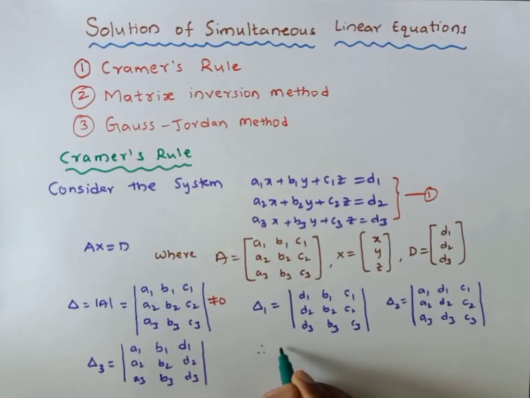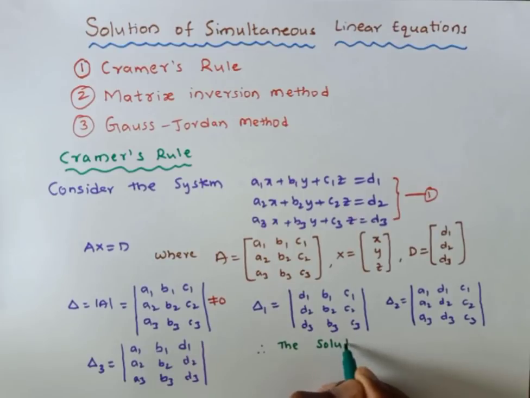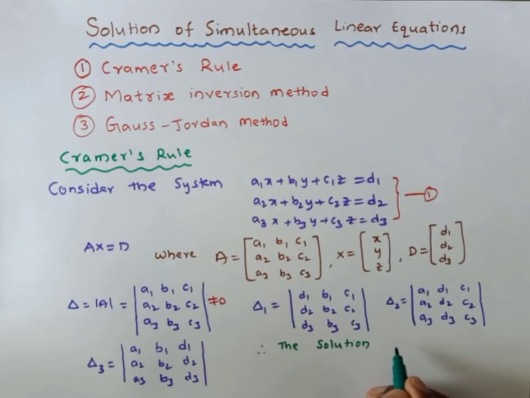Therefore, the solution of the system, the values of x, y, z, is: x equals delta 1 divided by delta, y is delta 2 by delta, and the value of z is delta 3 by delta.